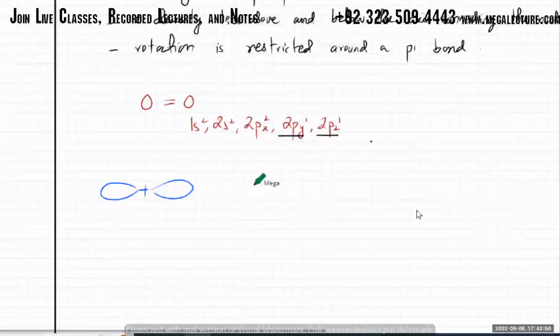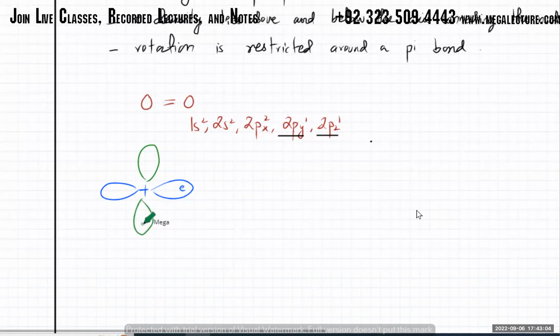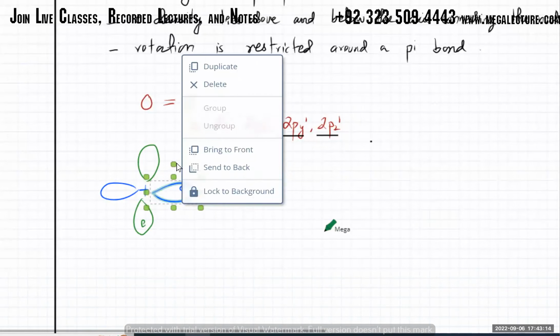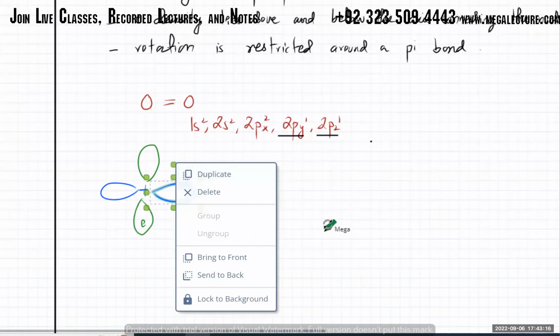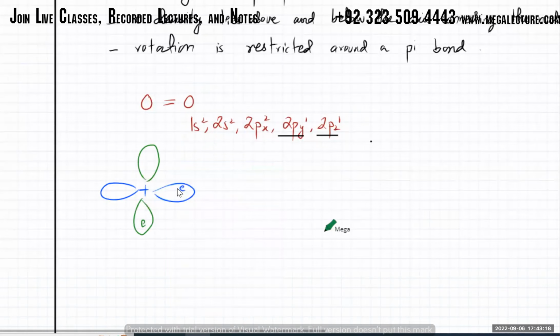Remember, axes arbitrary होते हैं, तो let's say 2py, and you've got another one which is 2pz, और इसके अंदर भी ना एक इलेक्ट्रॉन है. So that is what the oxygen would kind of look like. ठीक है? So that's how probably the oxygen looks like.